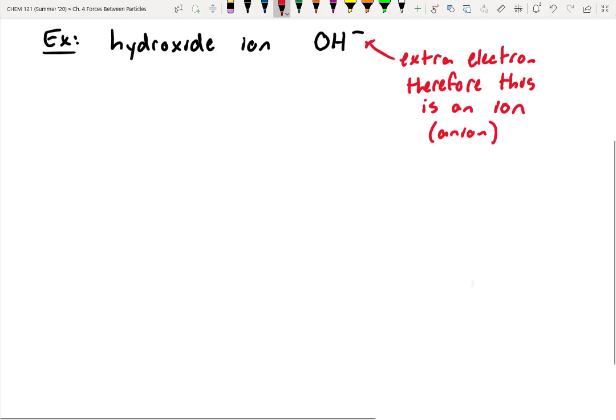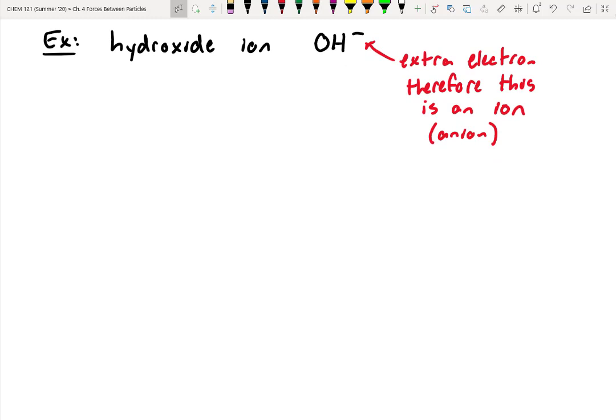So let's do the same thing and focus on building up this molecule. What I like to do is I just say, all right, I've got one oxygen atom. And oxygen is in group 6A, which means it has 6 valence electrons, for a total of 6 electrons accounted for that oxygen, right?